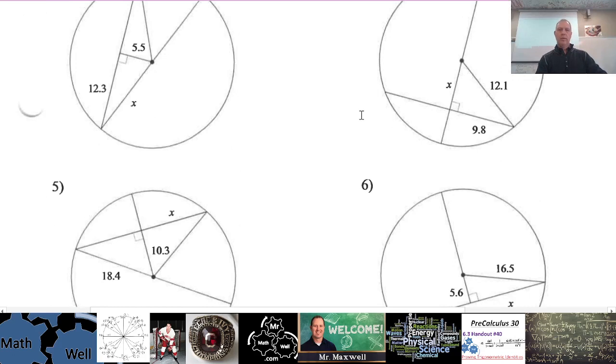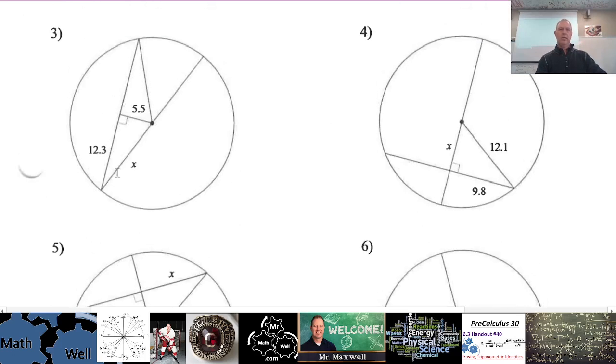What else? This one right here, number 3. I'll do number 3 for you because we're finding the radius. So again, you want to spot a right triangle that has at least a couple of the values that you want to work with. This one actually has all 3 values, doesn't it?